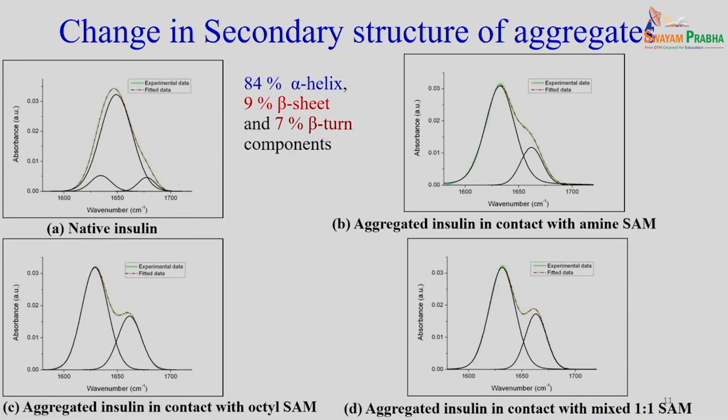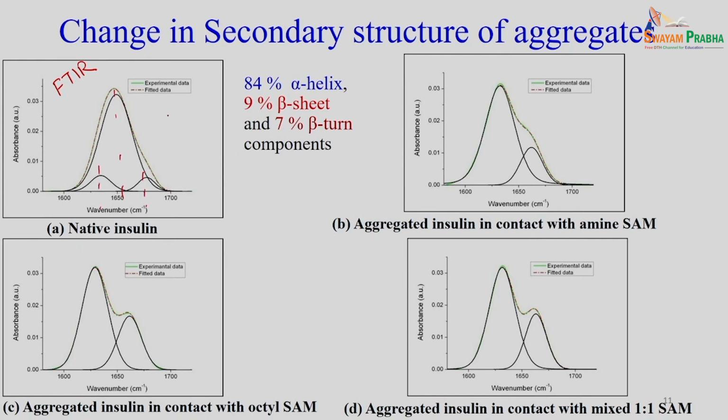Following that, you can analyze the change in the secondary structure. As we know, there should be formation of beta sheet rich structures. This is the native insulin FTIR; we analyzed using FTIR. This is the spectrum of the native insulin, where we deconvoluted that spectrum, and you can see there are 3 different peaks.